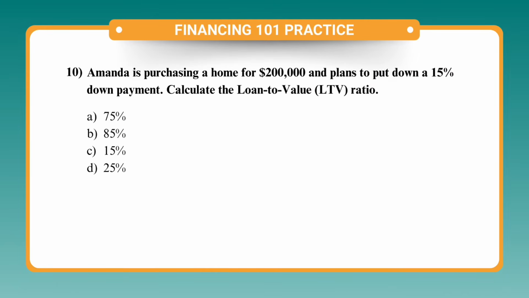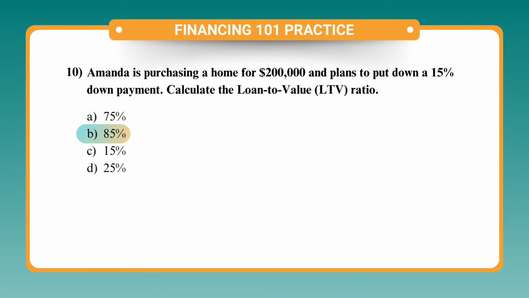Number 10. Amanda is purchasing a home for $200,000 and plans to put down a 15% down payment. Calculate the loan-to-value ratio. Is it A, 75%, B, 85%, C, 15%, or D, 25%?